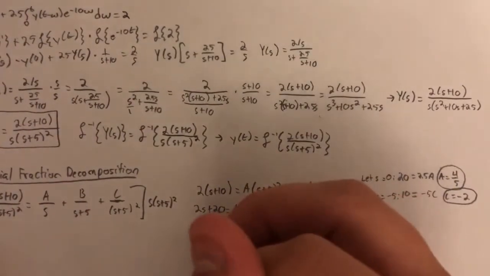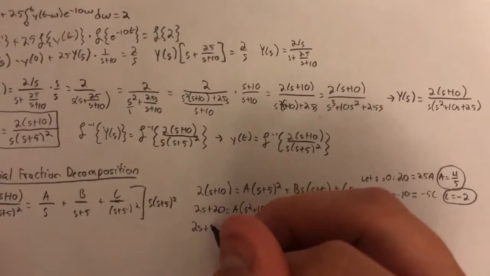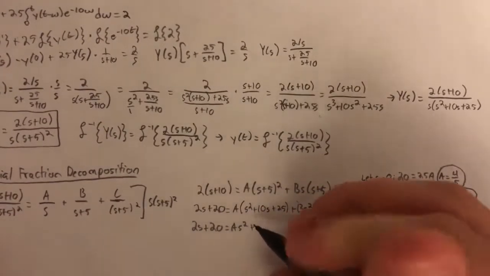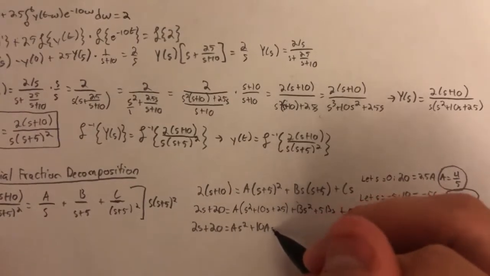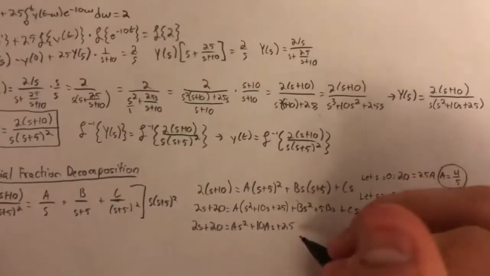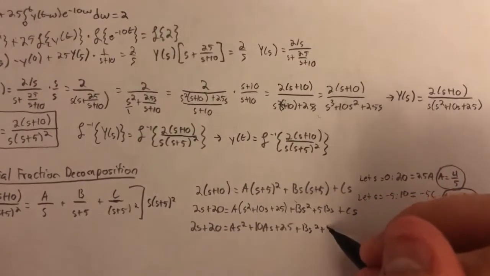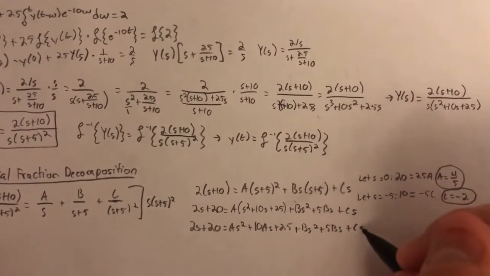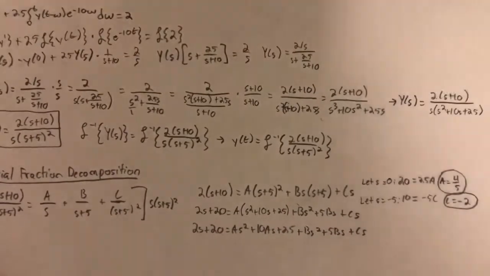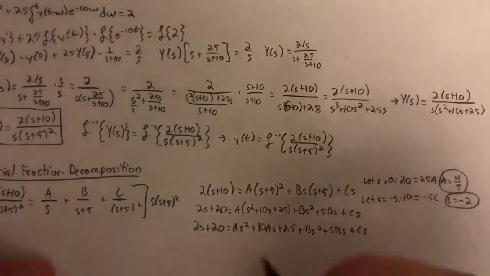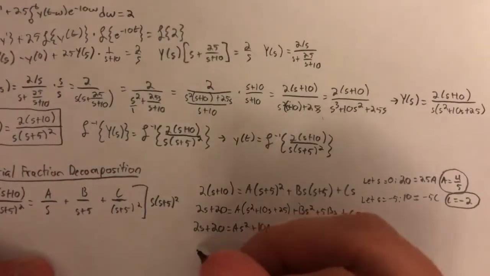Let's factor in the a, rewrite all this. 2s plus 20 equals as squared plus 10as plus 25 plus bs squared plus 5bs plus cs.